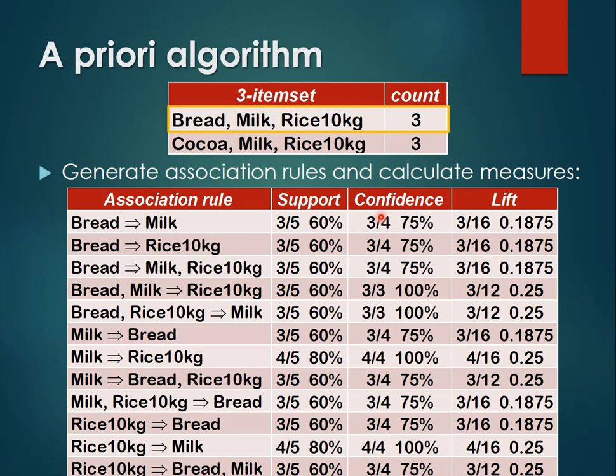If we were to have a threshold level for the minimum support and confidence, let's say for example 70%, then we have only this rule: milk implies rice 10 kg with 80% and 100%.